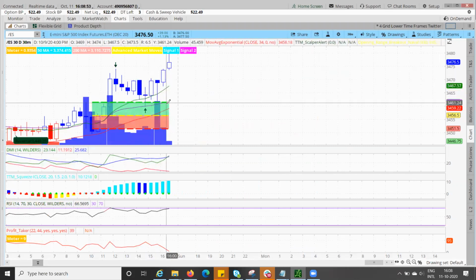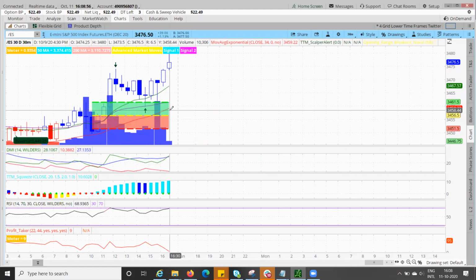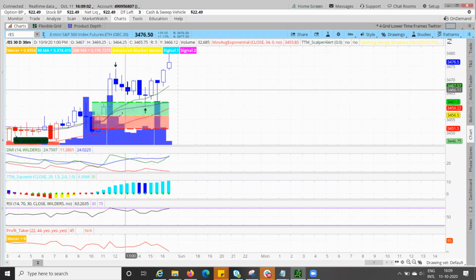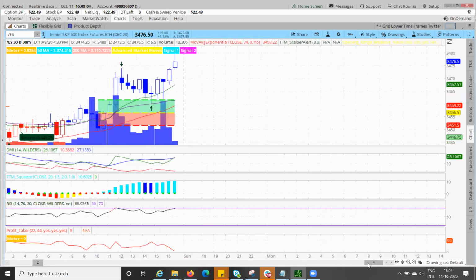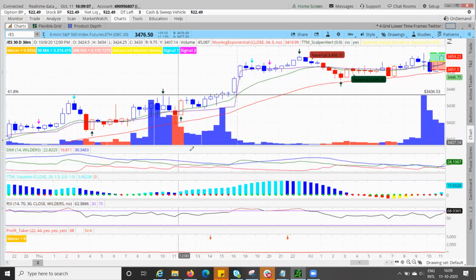So you have to see whatever works for you, whatever gives you the right backtesting.